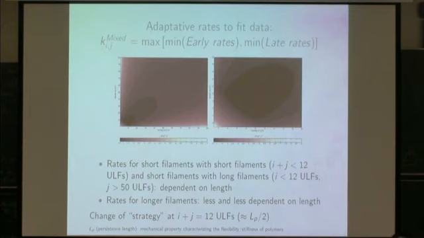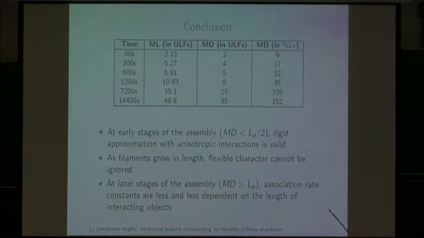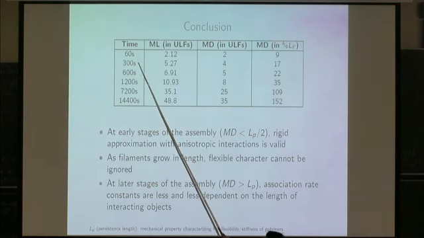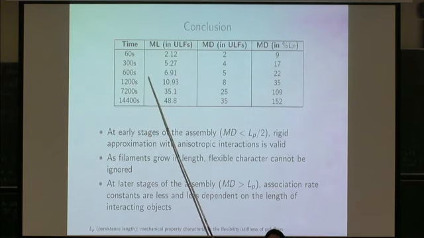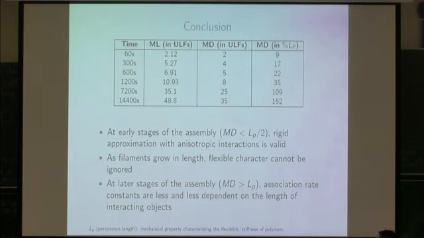Okay, 12 ULF, but what is 12 ULF? It is half of the persistence length. So in fact, when we go back a little bit to our dynamics, remember at the beginning I was speaking about 1 minute, 5, 10, 20, and that is a dynamic where I have my distribution. And instead of looking at that as time points, I look at what I have in my system finally at 1 minute and 4 hours.